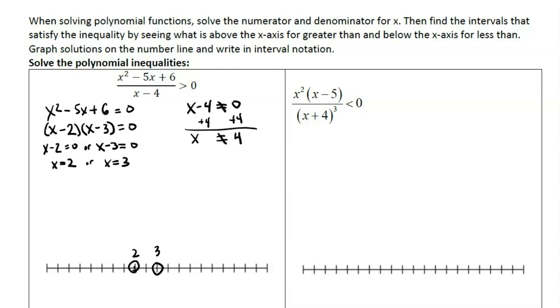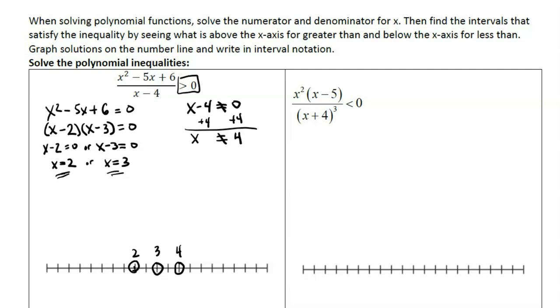And at 4, also on the number line, 4. Now, I used open circles for all of these, even though up here I put x equals 2 and x equals 3. When I put 2 in here for the numerator, that sets it equal to 0. And this greater than 0 does not allow for it to be greater than or equal to 0. And so we use an open dot in each one of these places.